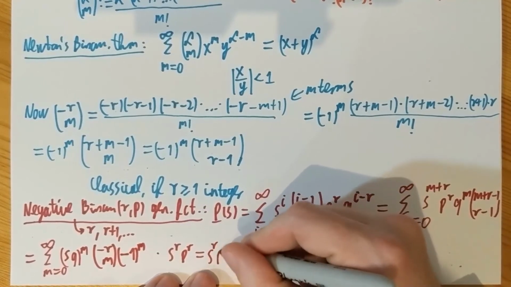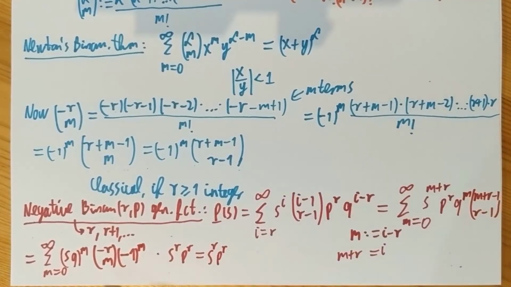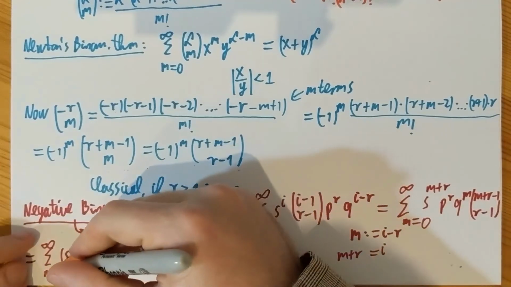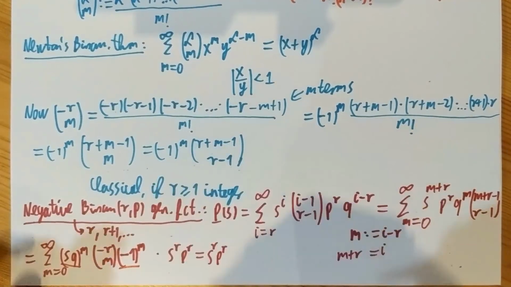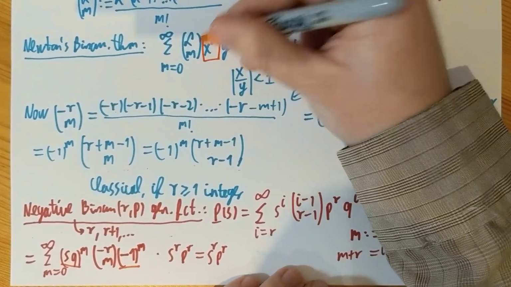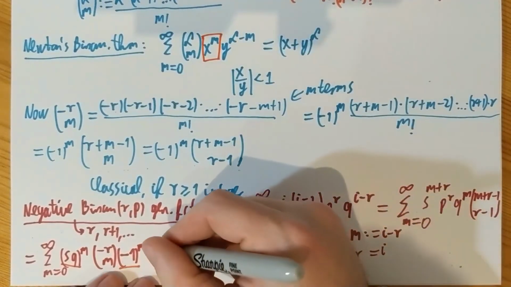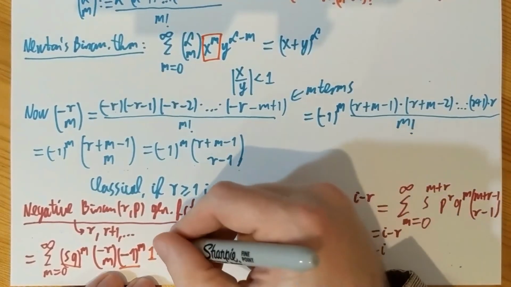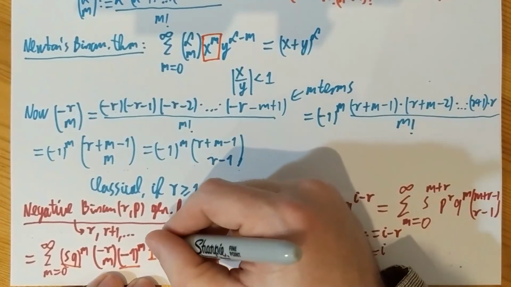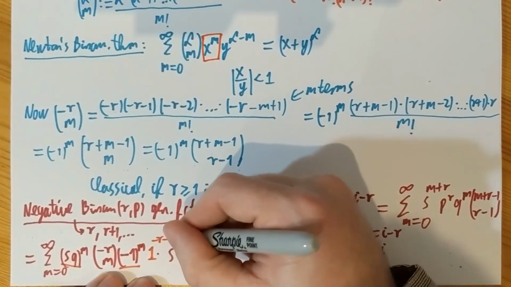Writing these constants in front, I can now look at Newton's binomial theorem. I can collapse the sq to the m and the minus 1 to the m into one term, and I can call this x to the m. And I can also plug in here a 1 to the alpha, which is minus r, minus m.